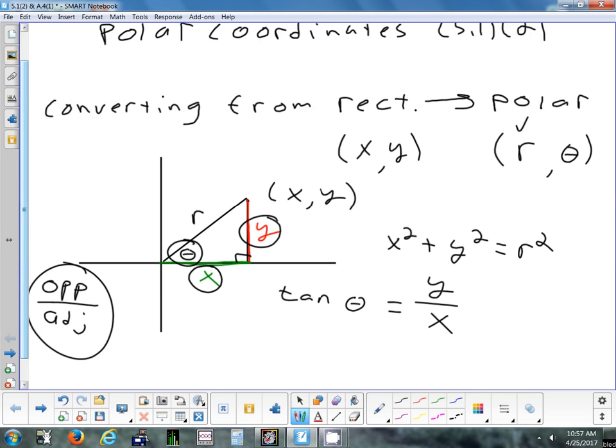We want theta. So what would you have to do to each side to get rid of tangent and get theta by itself? Yeah, we'd use the inverse tangent. Take the inverse tangent of what's on the left. It's going to cancel out. And do it on the right. And that's basically the formula for our angle. Now I'm going to write that out nice and neat on the next page.